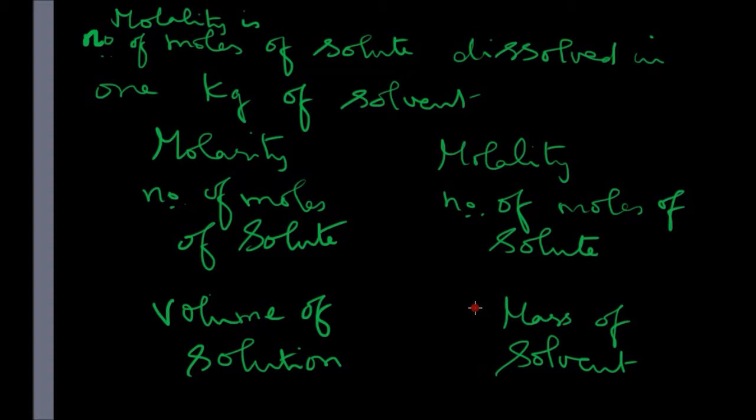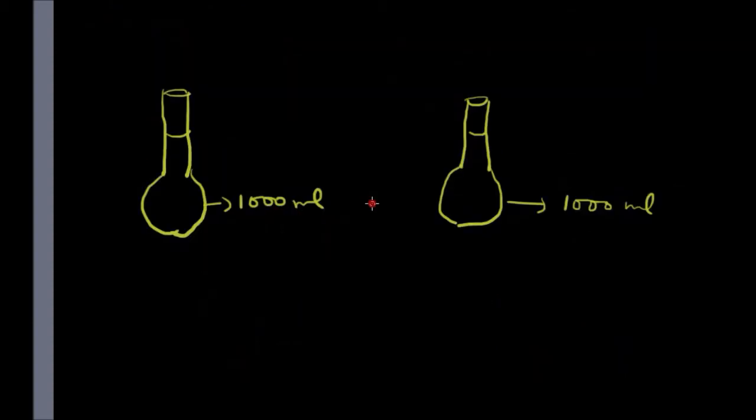Now, I will give you some experimental details about preparing a 0.1 molar and 0.1 molal solution of, say, sodium carbonate. That will help you to understand the difference better. In the laboratory, we have some glassware for measuring exact volumes of liquids and solutions. Some of them are burette, pipette, with which you may be familiar, and also standard flask or volumetric flask.